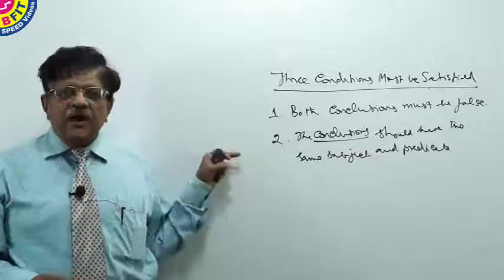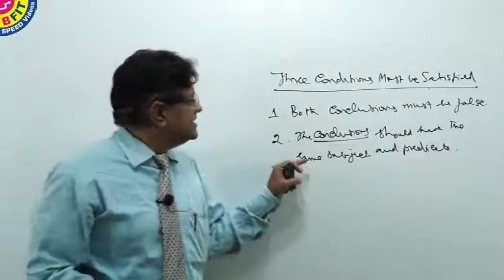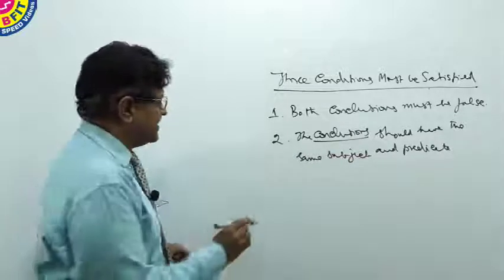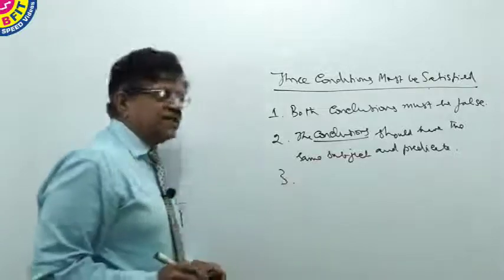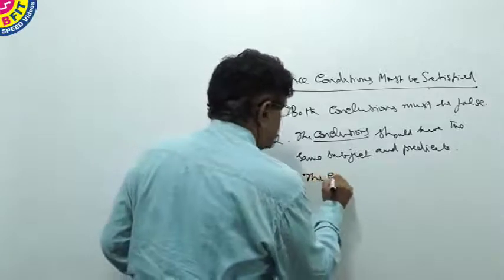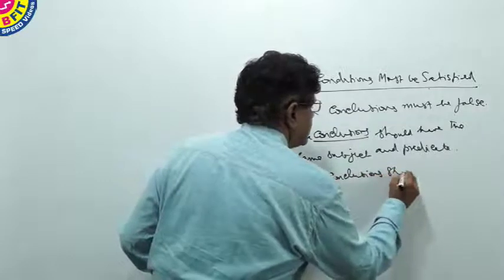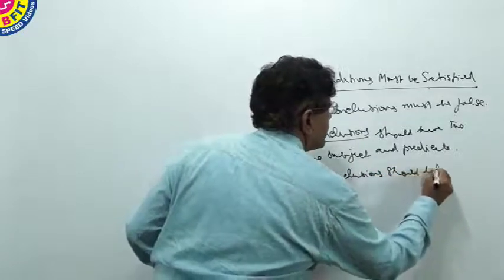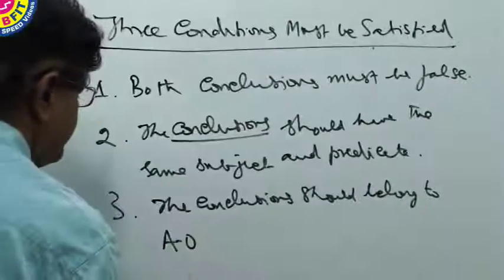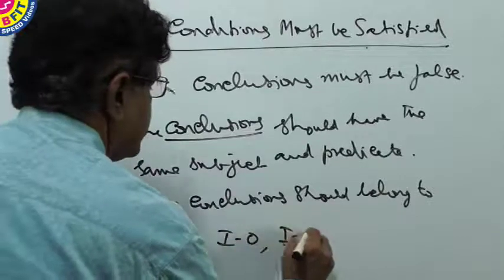So here, for complementary pair, three conditions must be satisfied. Second condition is the conclusions should have the same subject and same predicate. The third condition is that the conclusions should belong to AO, IO or IE.